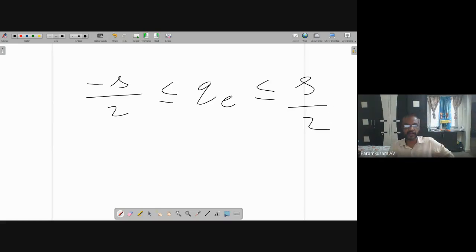The quantization error, or quantization noise QE, lies between minus S by 2 to plus S by 2. Do you understand up to this point? Now ask the question.